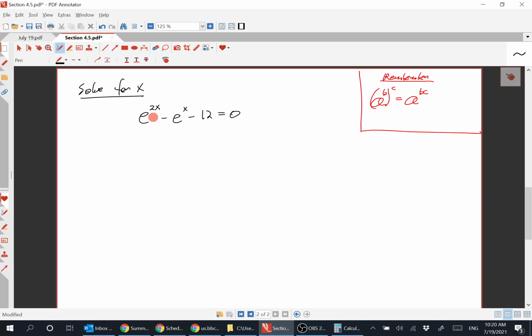So using this in reverse, this is e to the x squared minus e to the x minus 12 equals 0. e to the 2x is e to the x squared.